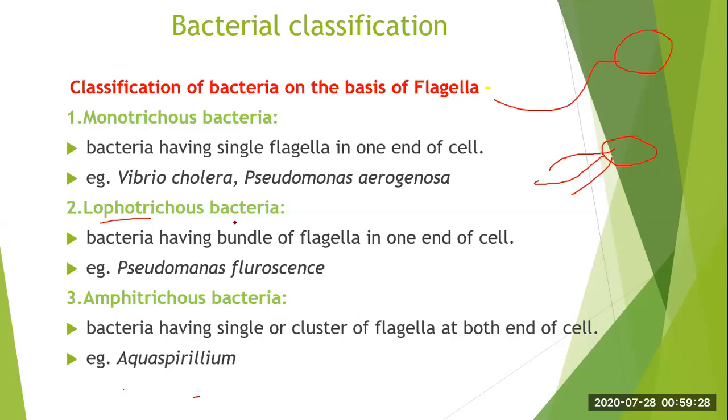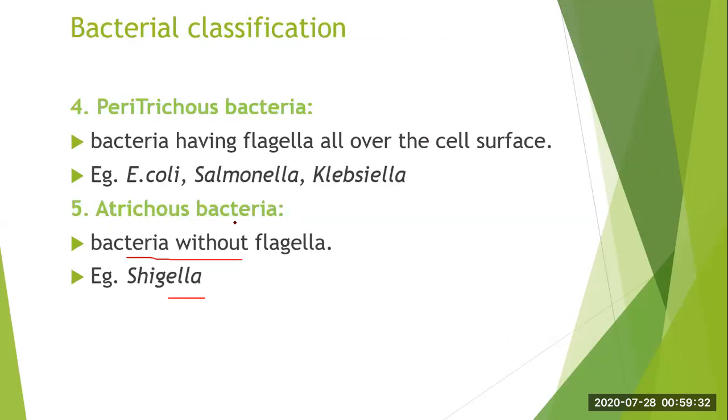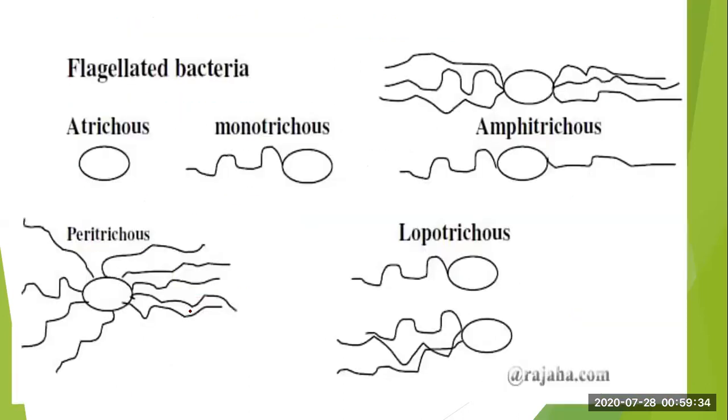So that is our flagellar arrangement of bacteria with their examples, and that is their figure: Monotrichous, Lophotrichous, Amphitrichous, and Peritrichous.